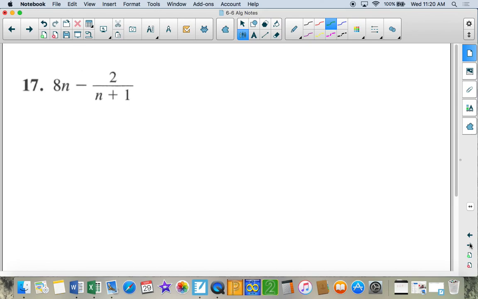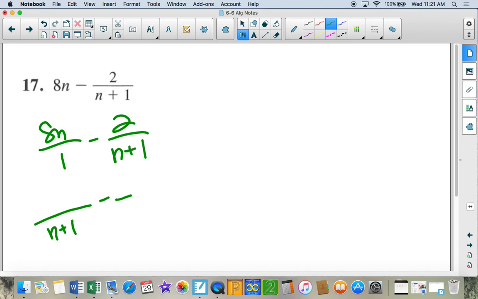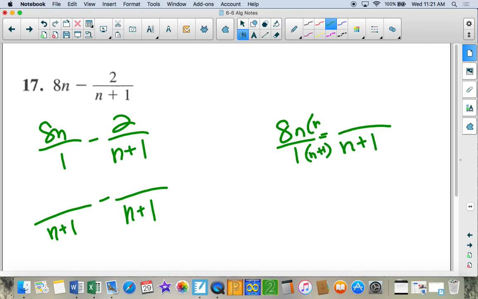The last problem that we're going to do in part 1, the common denominator is going to be n plus 1. This becomes 8n over 1 equals what over n plus 1? We have to multiply it by n plus 1.